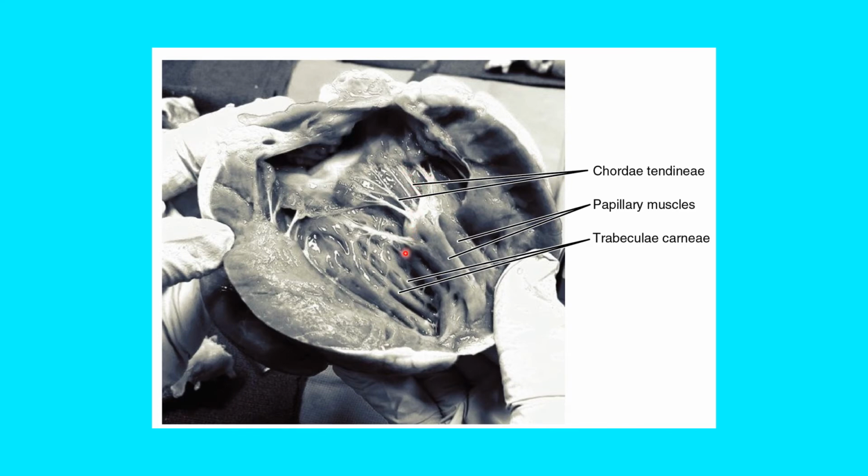And you can see this once again if you have the opportunity to see a heart, whether you're a hunter or even if you buy a whole chicken or a turkey.